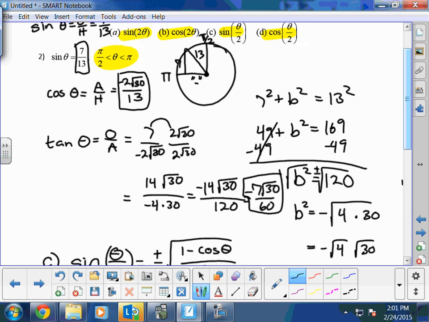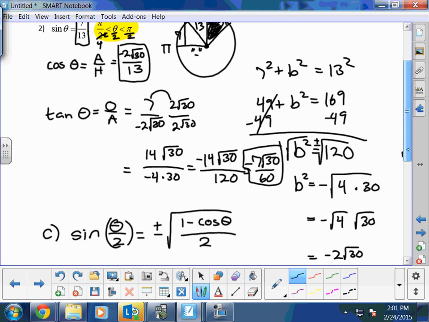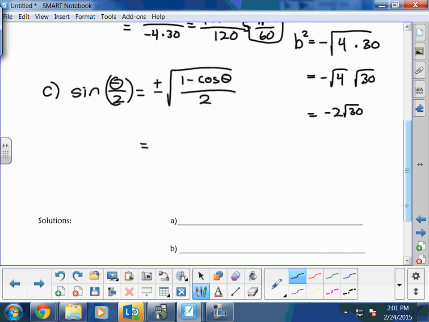To do that, I need to divide everything by 2, so this really becomes 4, and pi divided by 4 is right over here. So this becomes this quadrant right here. In that quadrant everything is positive, which means sine of theta over 2 will be positive, nothing negative with it.